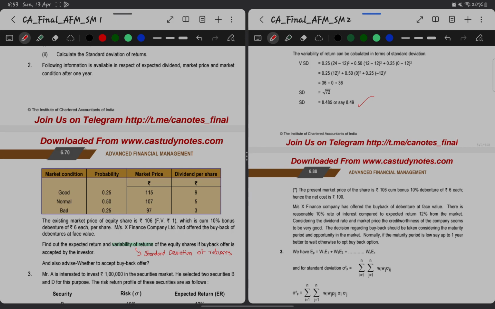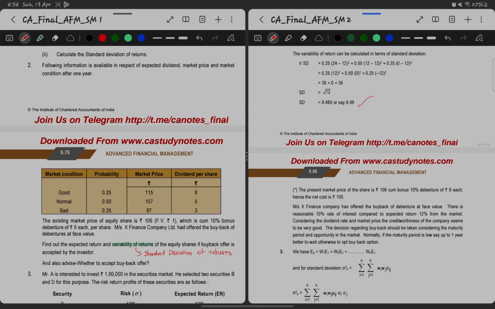Because if the debentures are expiring or going to get redeemed in the near future, like in 3 months or within a year, then it would not be beneficial for the company, as it will get redeemed automatically within a year, and the company will not be spending much interest on these debt instruments.